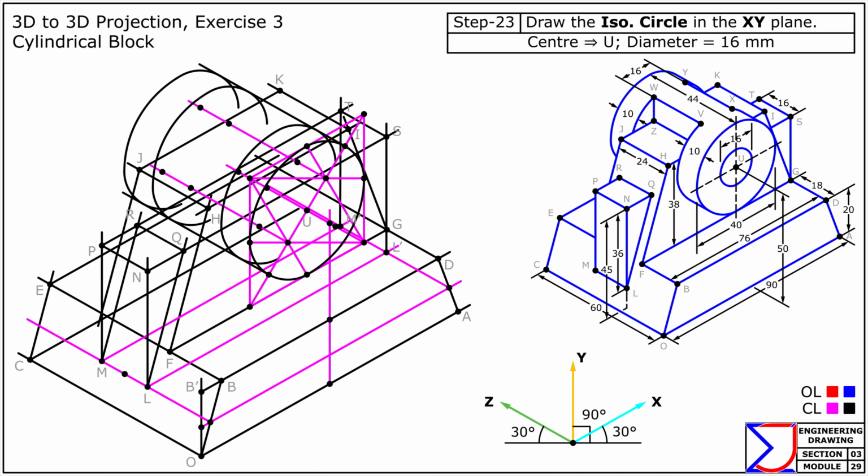Similarly, draw the isometric circle with a diameter of 16 mm. Mark points V, W, X, and Y as demonstrated, and then join them.